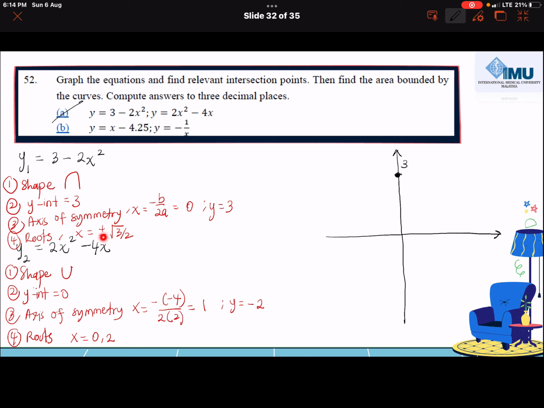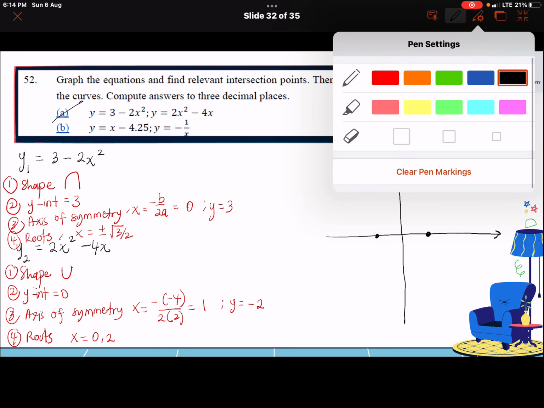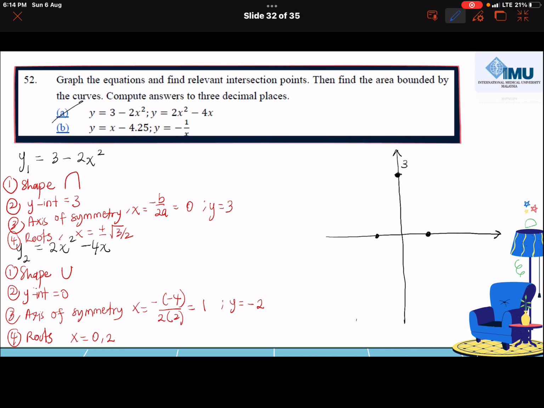Your roots, which is where the curve intersects the x-axis, at -3/2, which is slightly here, and +3/2 will be slightly here. Now, let's draw and connect the points for the first parabola. Now, you have sketched the first graph.